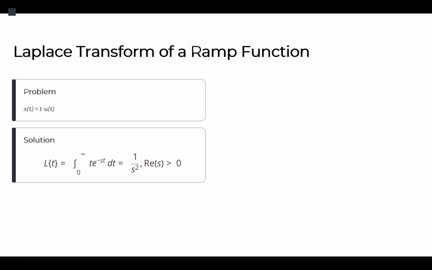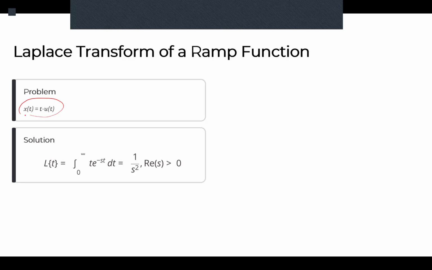Now, how can we calculate the Laplace transform of this input? Again, the definition is the integral of that input times e to the power of minus st dt from 0 to infinity. Now, here you have two functions multiplied by each other.